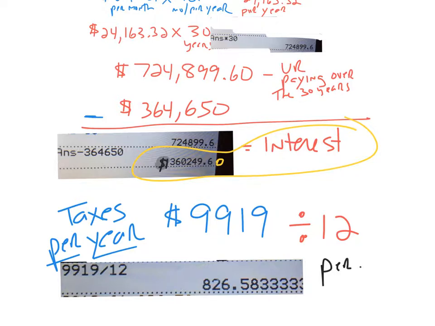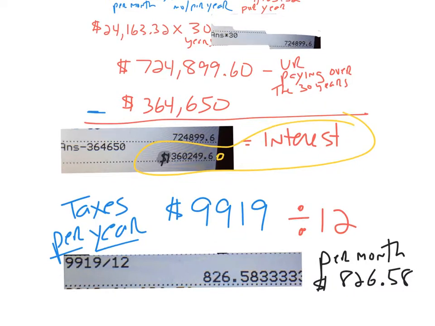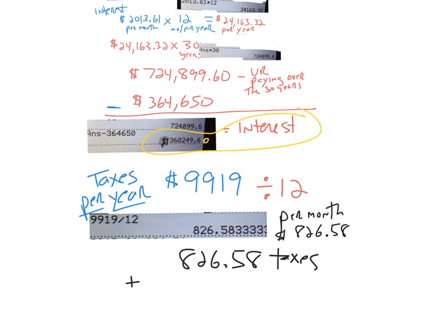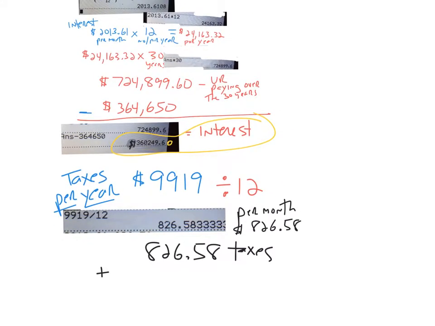So here, per month, your taxes are $826.58. We're going to take your taxes per month, your $826.58, and add the monthly mortgage amount, so we're going to add the $2,013.61.